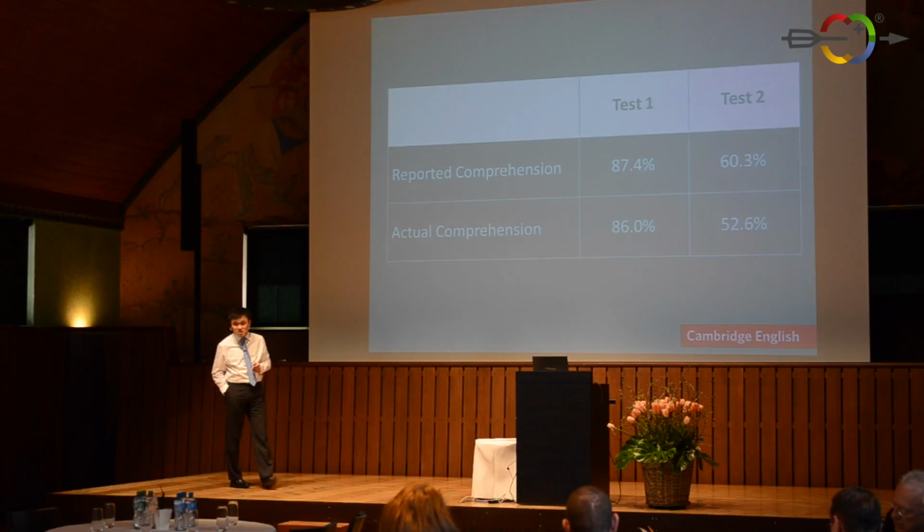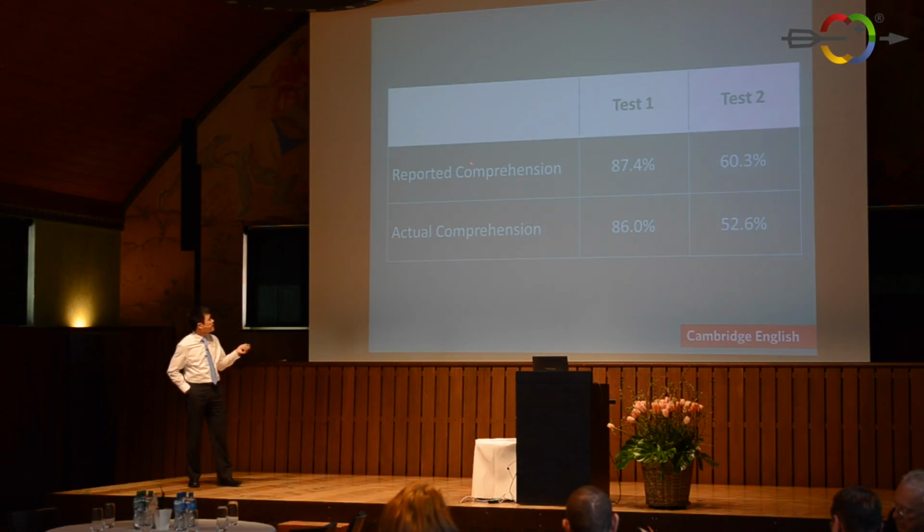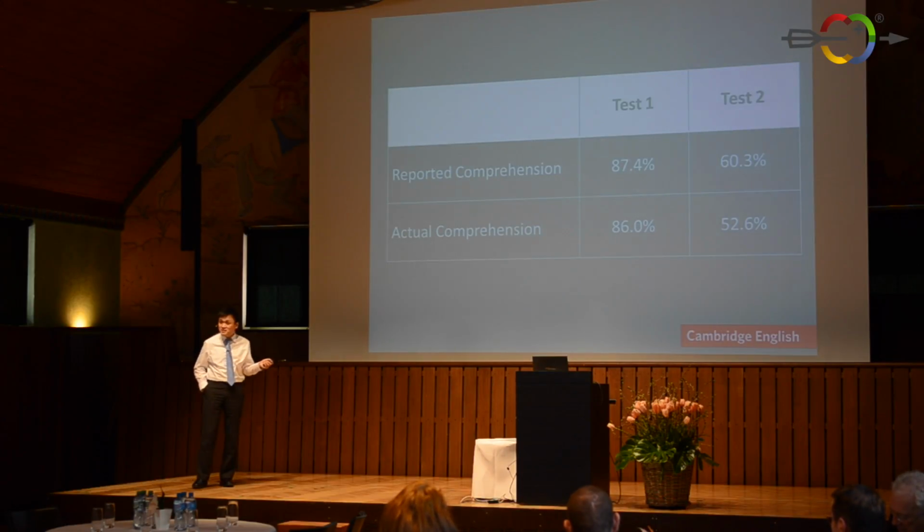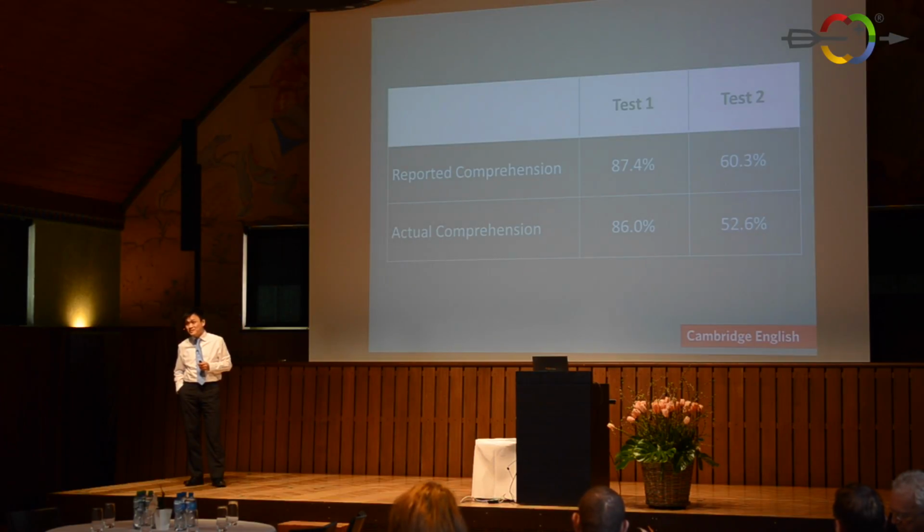Okay? When they actually ask the students to figure out what their reported comprehension is, for the first test, they say, I understand it this much. For the second test, they understand it this much. But when you actually tested them on whether they understood things, well, they're pretty good with the first test, but they were some way away on the second test. Okay?